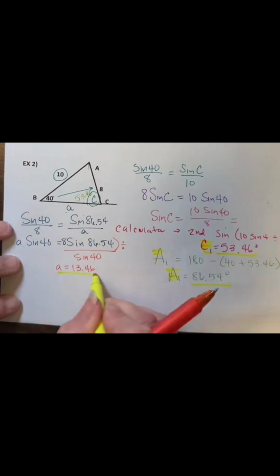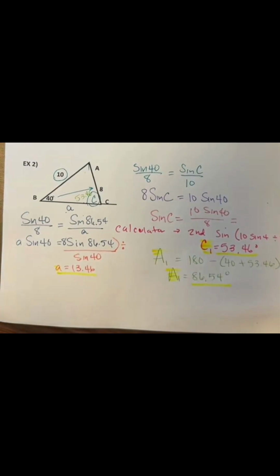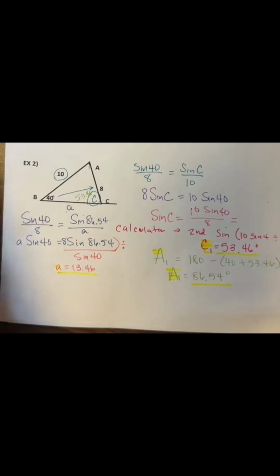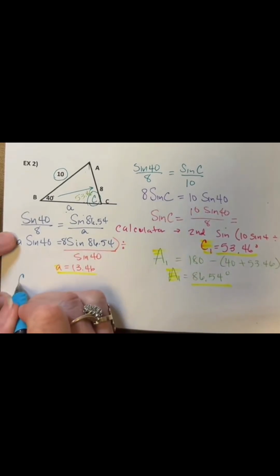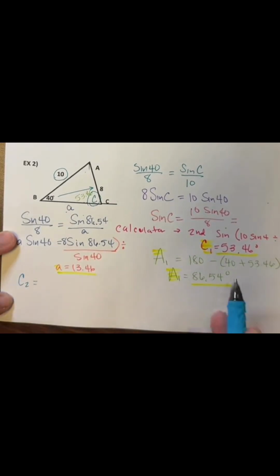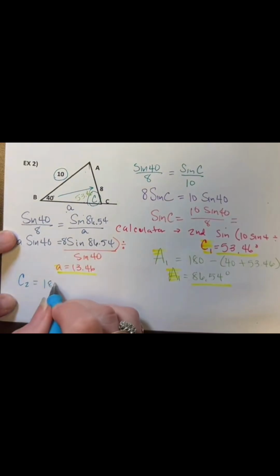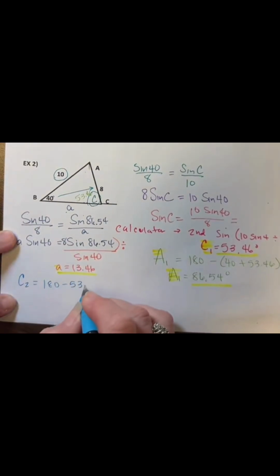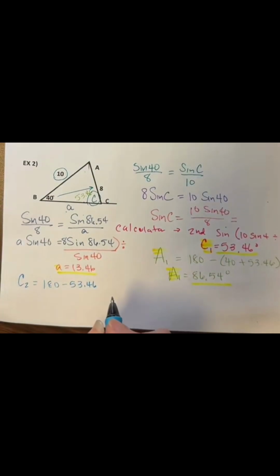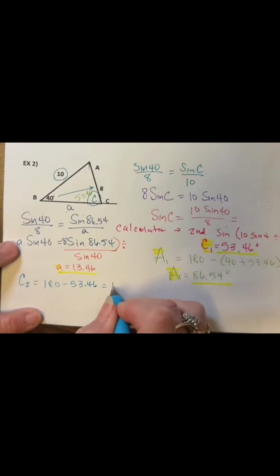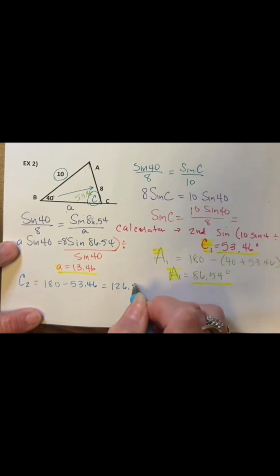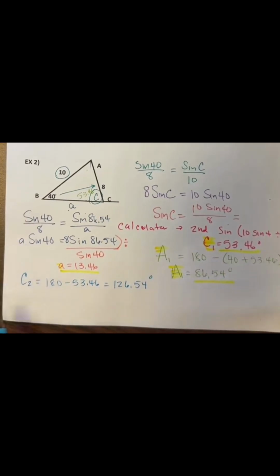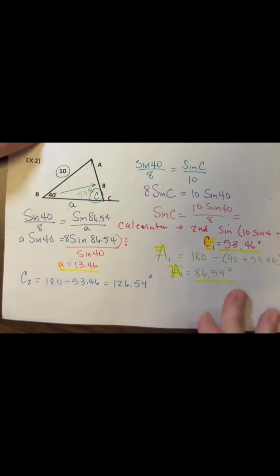So that's for our first triangle. Our second triangle, C2 is 180 minus C1. And that equals 126.54 degrees. I'll do the whole second triangle in this color.